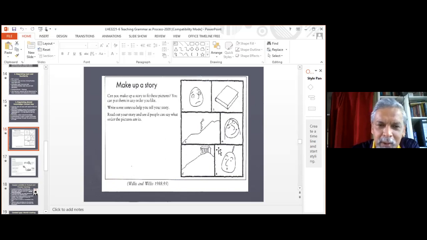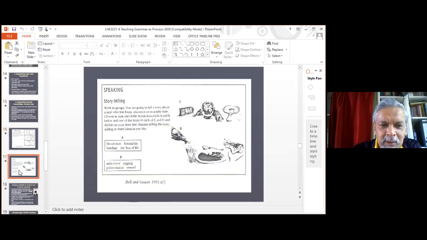This gives the person who tells the story a reason to make things clear to his or her friends, because they don't know what kind of story he's going to tell.